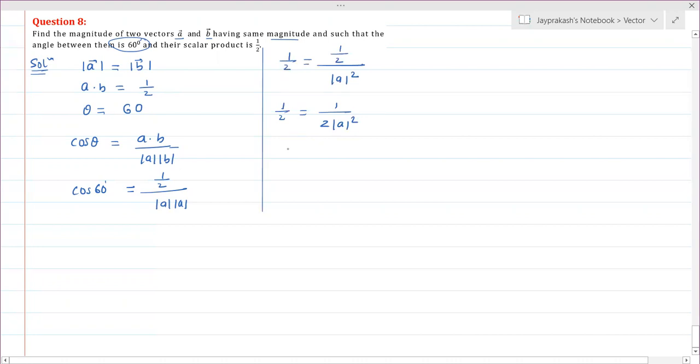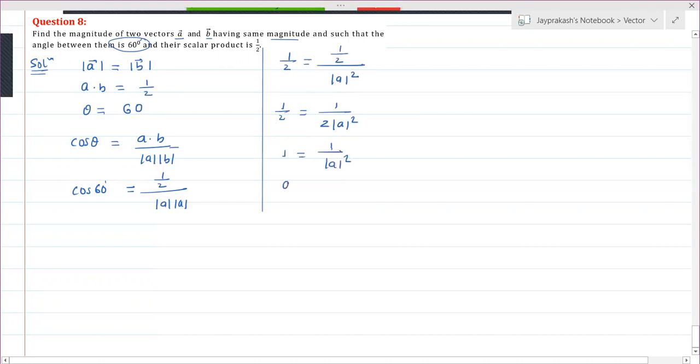So this 2 will be cancelled, so 1 equals magnitude of A square. So finally, magnitude square of A is equal to 1. That means magnitude of A is 1.